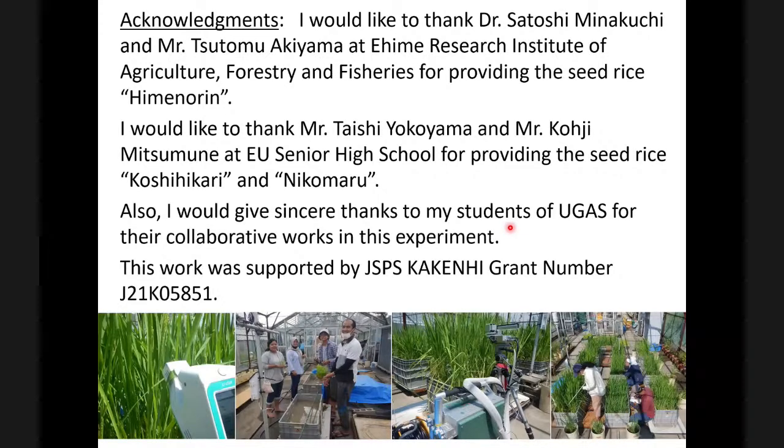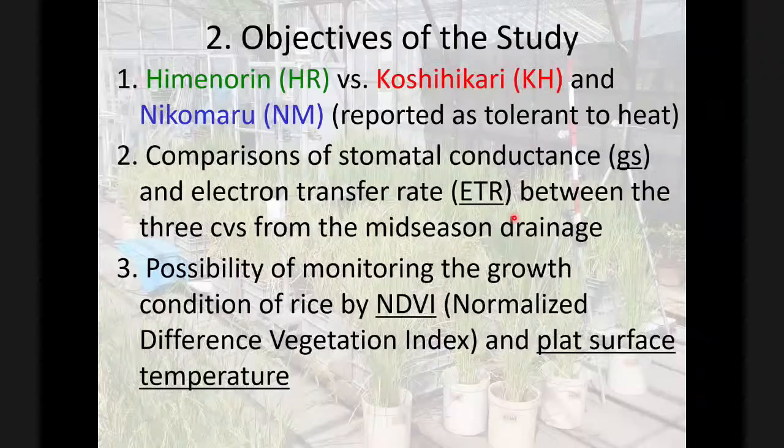First, I show a comparison of the physiological and micrometeorological properties of three cultivars: Himenorin, as I said, Koshikari, maybe the most famous cultivar in Japan, and Nikomaru.